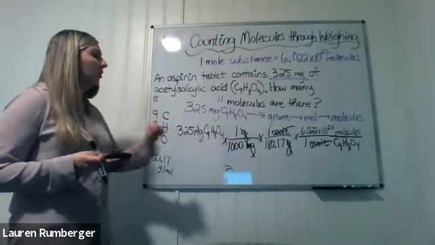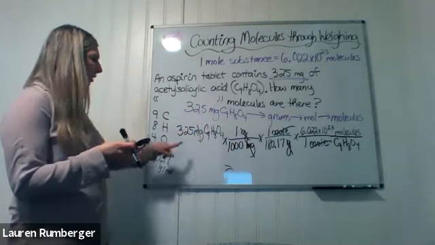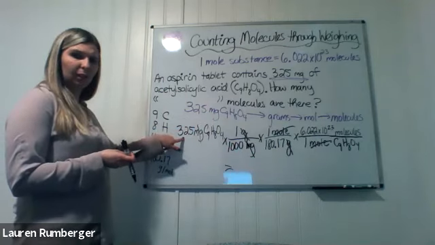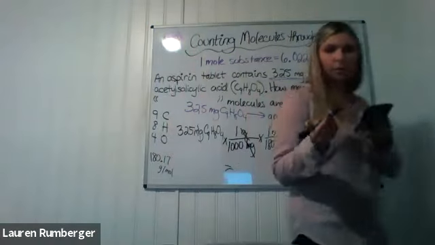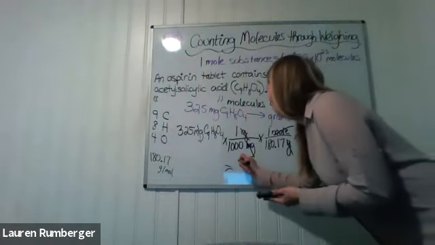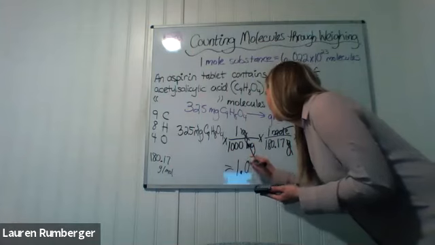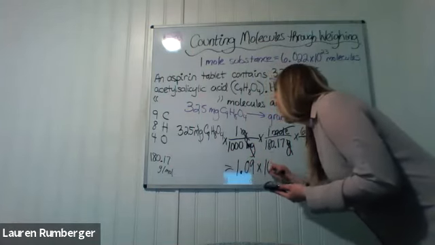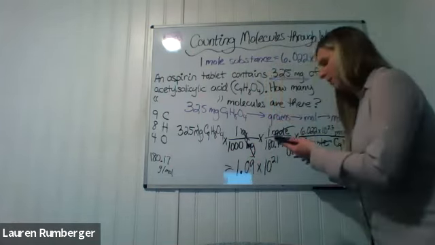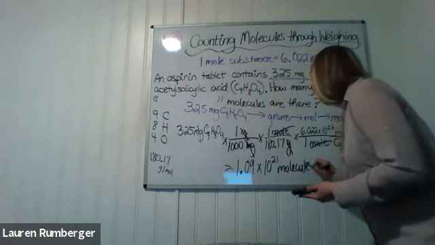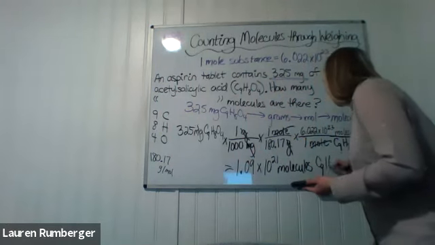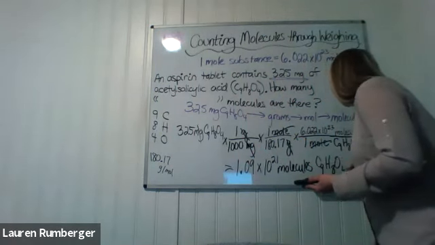So the least number of significant figures is the 3 significant figures here. So I'm going to round my answer to 0.09 times 10 to the 21 molecules of C9H8O4.